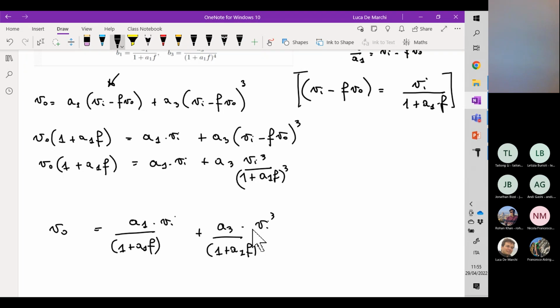Indeed, the most complex situation for stability is this one, because this one means unitary transfer function for the feedback loop, and therefore this could be very difficult to achieve stability.